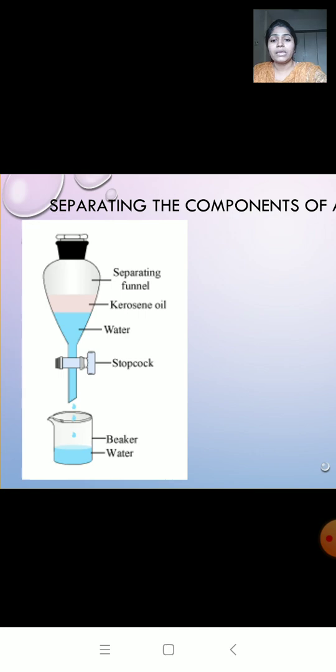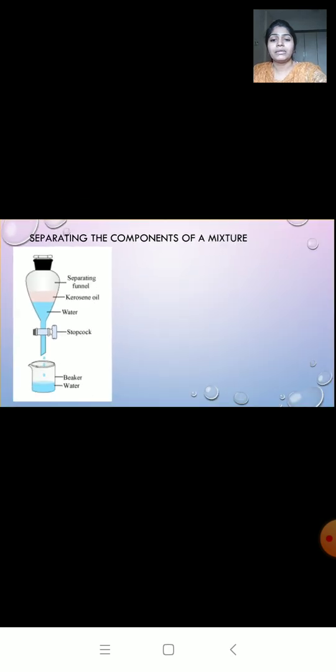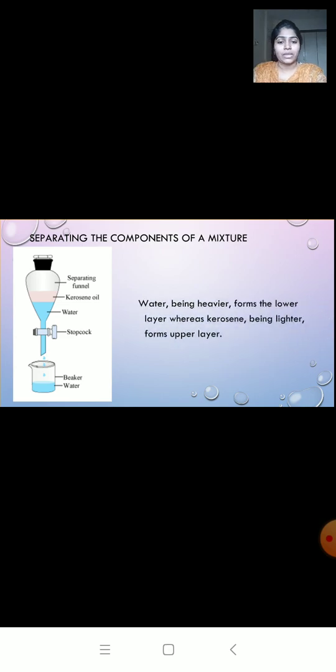In this way we can get kerosene oil and water separately. Water being heavier forms the lower layer, and kerosene oil being lighter forms the upper layer.